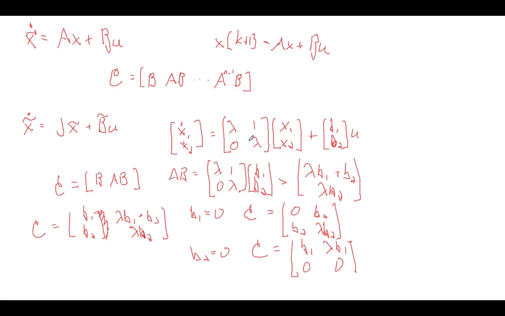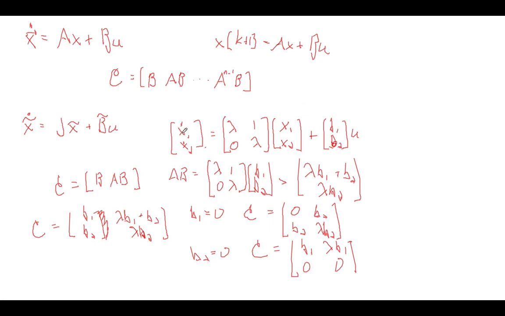So if you look at the structure of this matrix, because of this 0 here, you realize that x1 has no influence over the evolution of x2. So x1 can't affect x2 dot. So the only way we have any control over state 2 is directly through the input. And that can only happen if this B2 is something besides 0. So the only way we can influence state 2 is through this input.